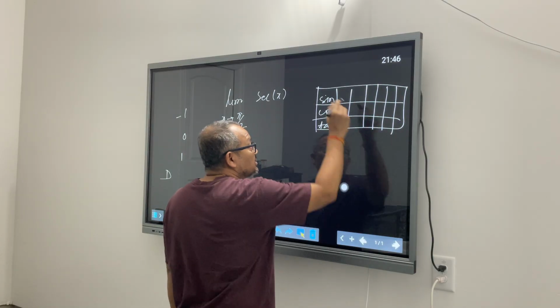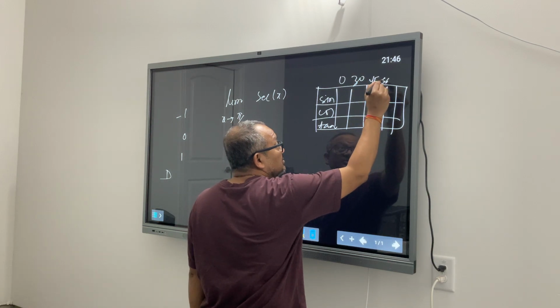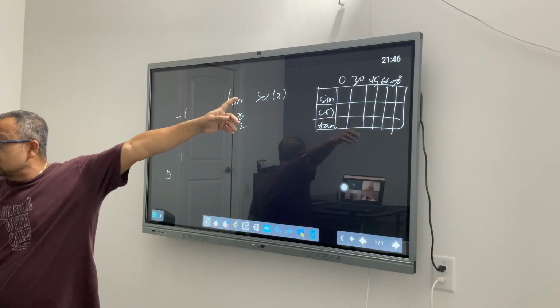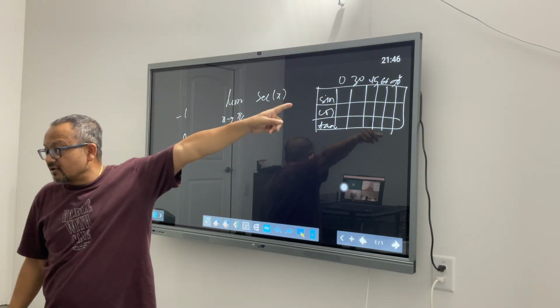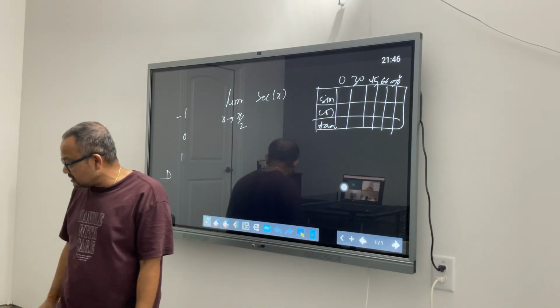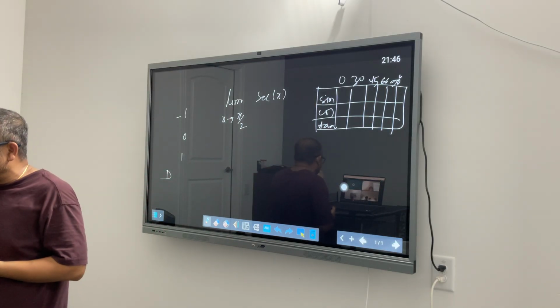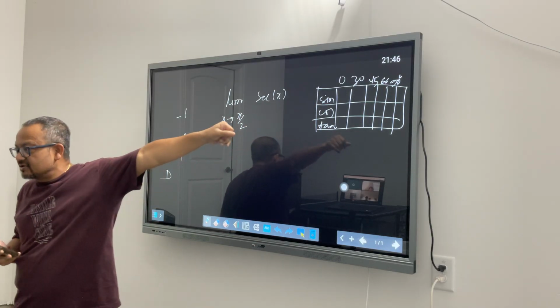But remember this. These angles are the most commonly used angles, and if we remember the values in this table for all of the most commonly used angles, this will help you. Even the 2 seconds extra that you would take for taking a calculator out, you can save that also. You should remember this.